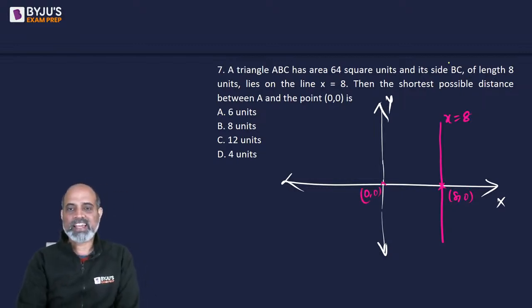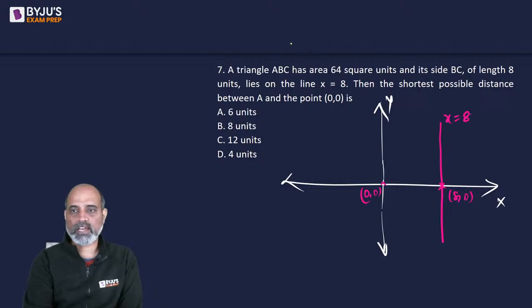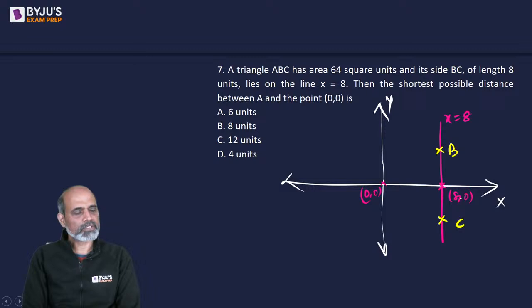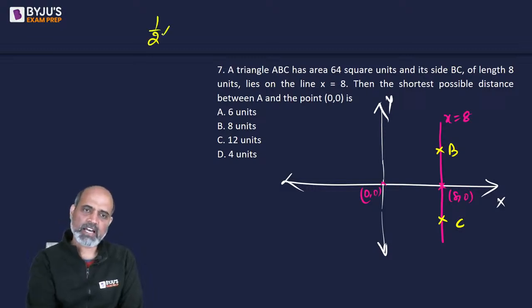Now, since the area is 64 square units and its side BC, suppose this is where BC lies. And it has a length of, let's say, 8 units. Okay. Is it necessary to have 8 units? So area is given as half into base into height, and this is given as 64.